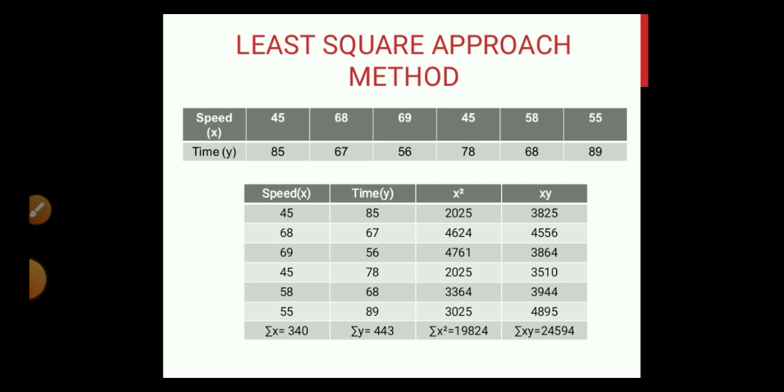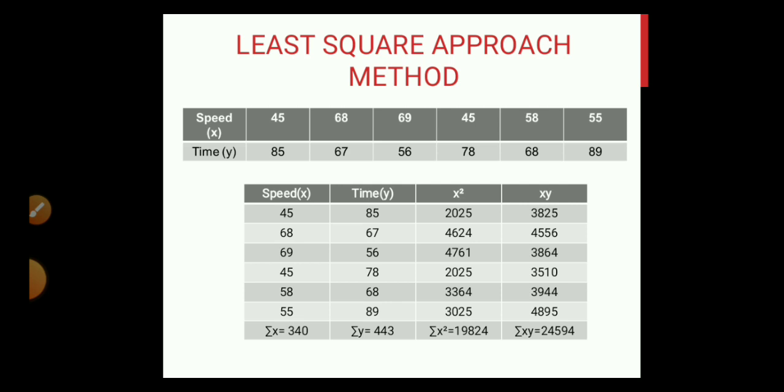For example, 45 squared is 2025, and 68 squared is 4624. To find the value of x times y, multiply the speed and time. So 45 times 85 is 3825. 68 times 67 is 4556.